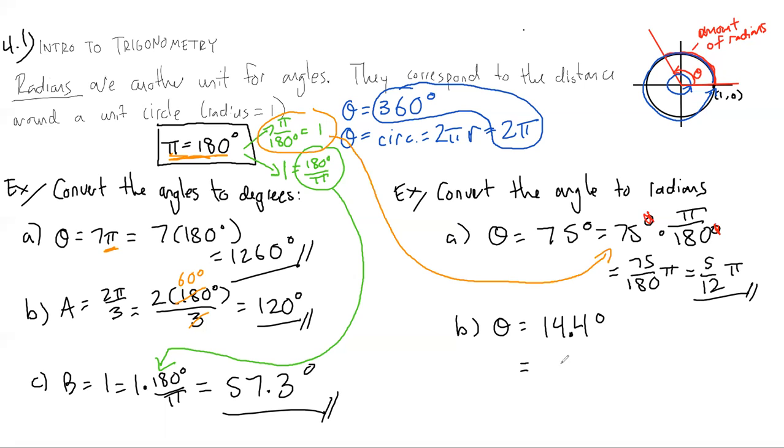And so for this other one, I'll do the same thing. 14.4 degrees times pi over 180 degrees. So that's going to be 14.4 pi over 180. I don't think 14.4 and 180 are going to come to a nice fraction, so I'm just going to multiply this out. Actually, let's look. Divided by 180.